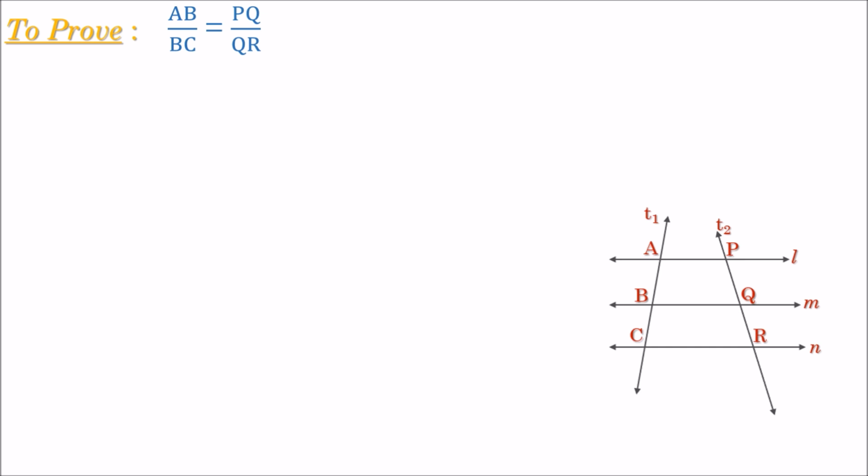To prove AB upon BC equals PQ upon QR, we are going to take the help of the basic proportionality theorem. And you all know this theorem is applicable in a triangle. So here we require a triangle to apply the basic proportionality theorem, so here we require a construction.